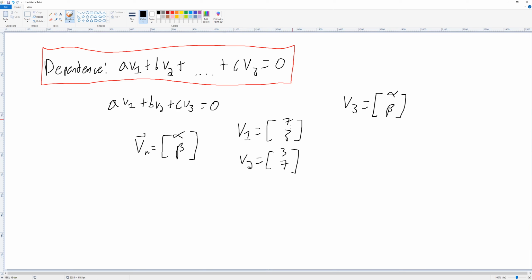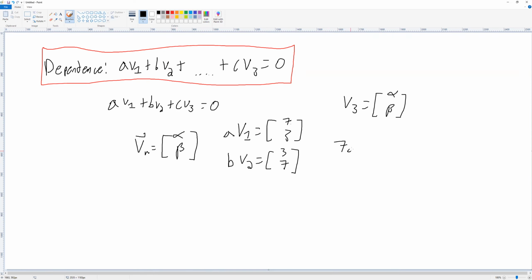I can choose v1 so that my multiplier on v1 gives me alpha. I can just create a system of equations where there's 2 equations, where v1 times the constant in front of v1, we'll say that's A, and v2 times the constant in front of v2, we'll say that's B, gives us v3.